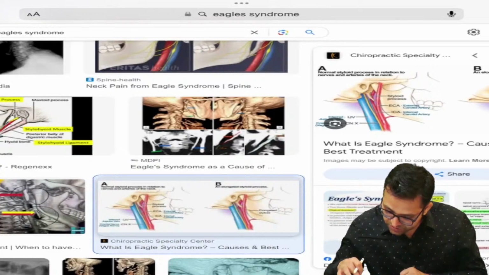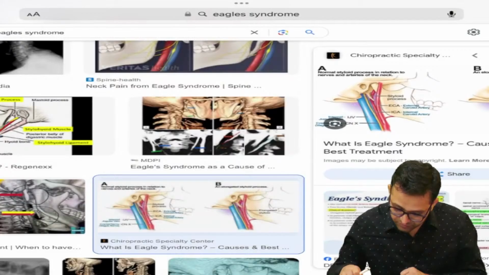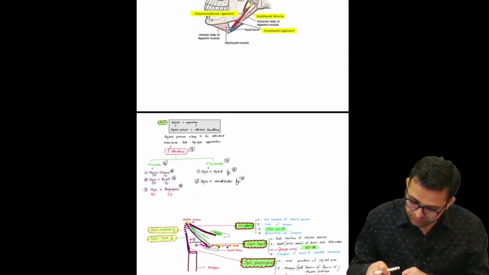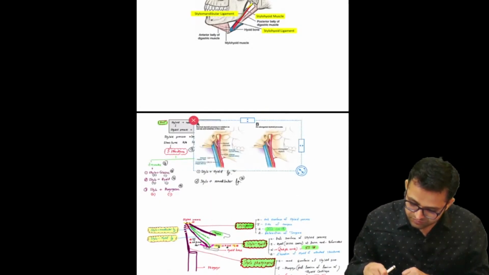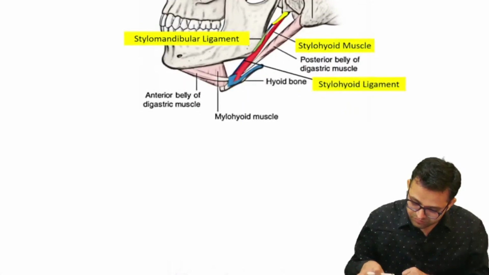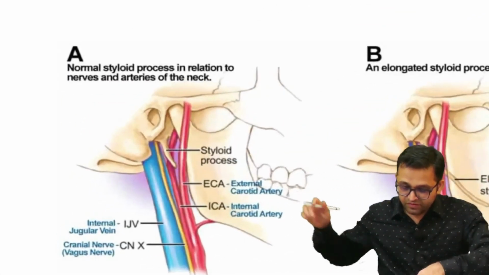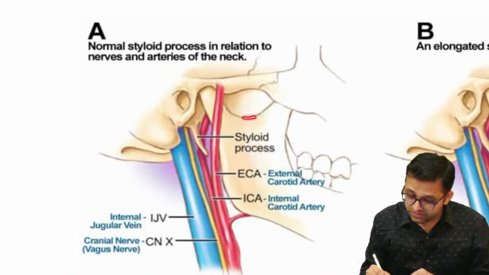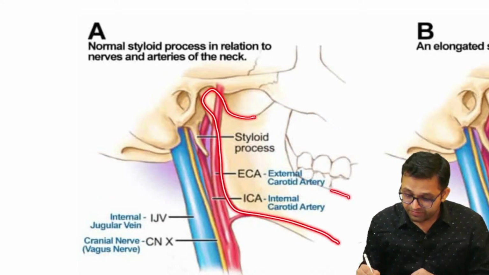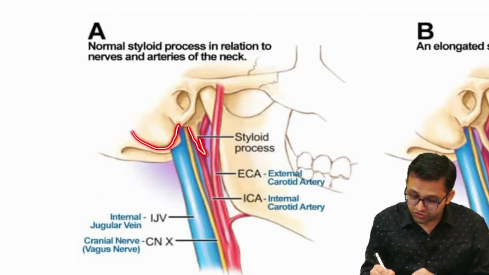Okay, I am trying to find a few more images for all of you. Can you see this beautiful image? Yes, look here. You can observe this structure. Sir, here is our mandible. Agree? Sir, this is the mastoid process and this is the styloid process.